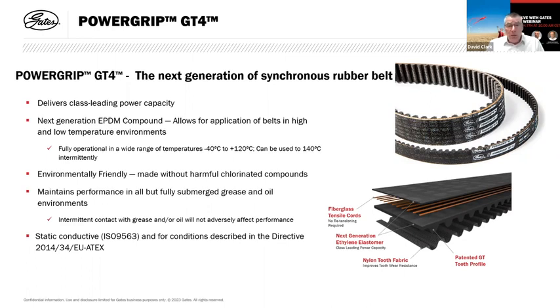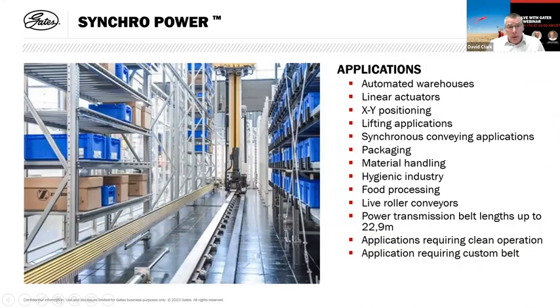The materials have a good resistance to oil and grease. You can't run them submerged in oil or grease, that's pretty clear. It doesn't do the belt any good. But if you get splashes or drips of oil or grease on the belt, you shouldn't compromise the performance, bearing in mind that belts are lubrication-free, so any of these would come from the lubrication of third-party equipment.